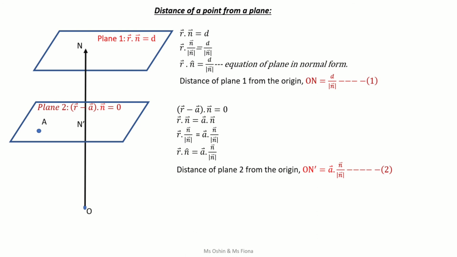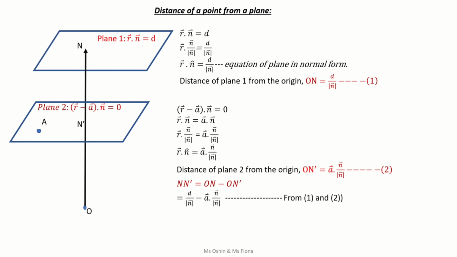We have to find the distance between A and plane 1, which is the same as the distance between plane 1 and plane 2. So we have to find the value of NN dash. NN dash is equal to ON minus ON dash from the figure.